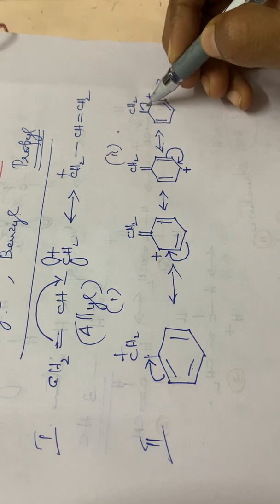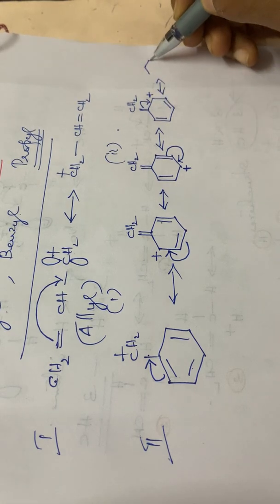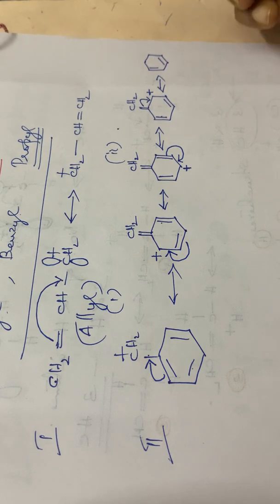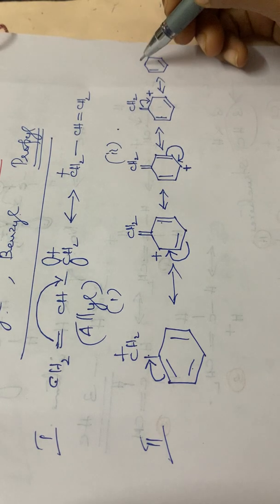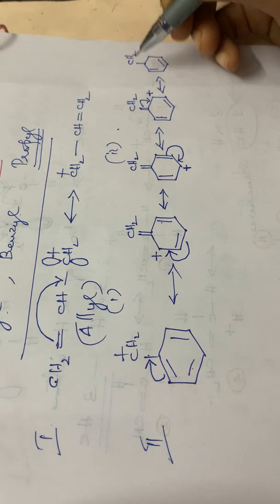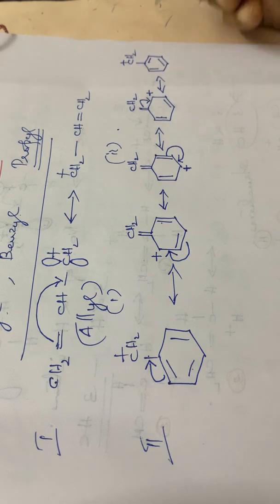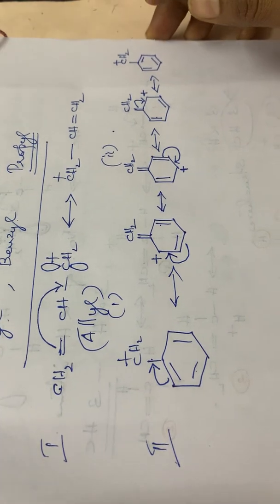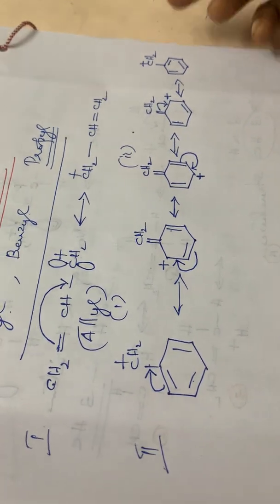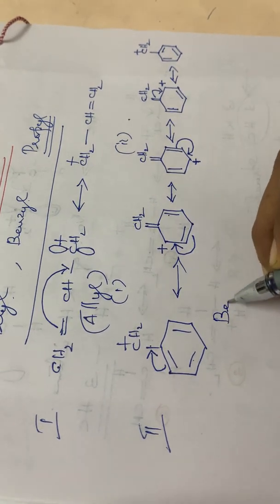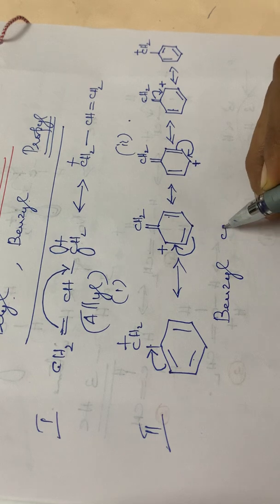This pi electron will be moving to this position. Already two double bonds are there. I am putting it as such. Then this double bond becomes a single bond, and this carbon will be getting a positive charge. Okay. So here a double bond. So these are the different resonating structures of benzyl carbocation.